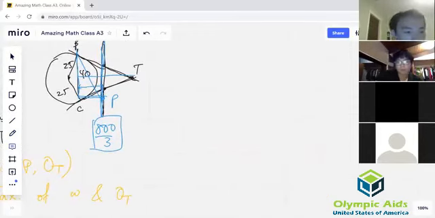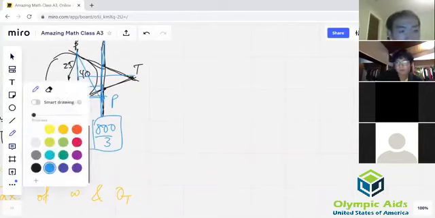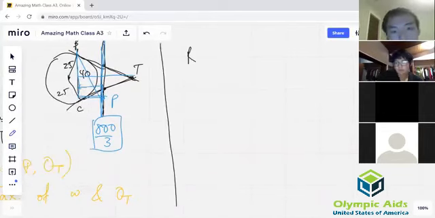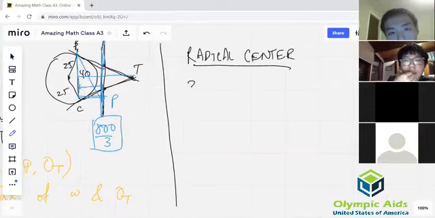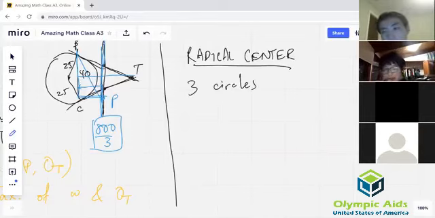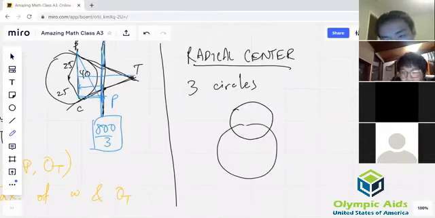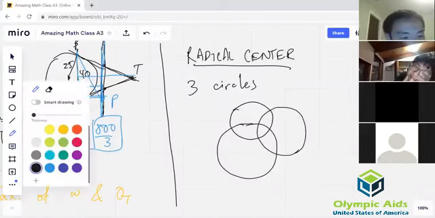And then finally, the last thing we'll talk about is the radical center. So this involves 3 circles. We've graduated again. So if you have 3 different circles, omega 1, omega 2, and omega 3, then the claim is that there are 3 radical axes.